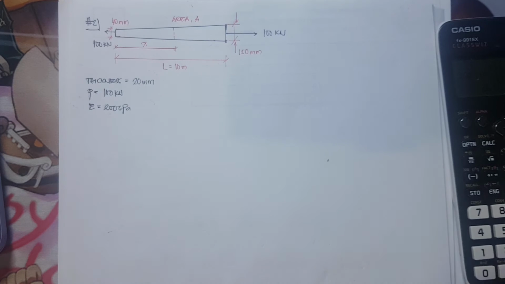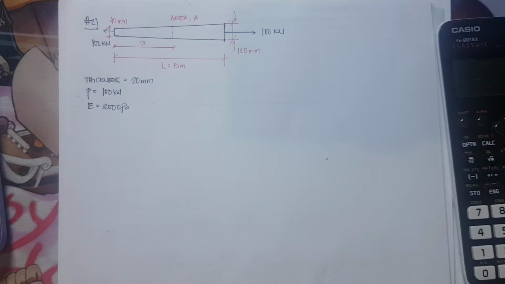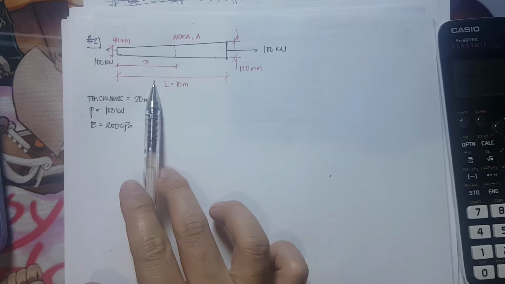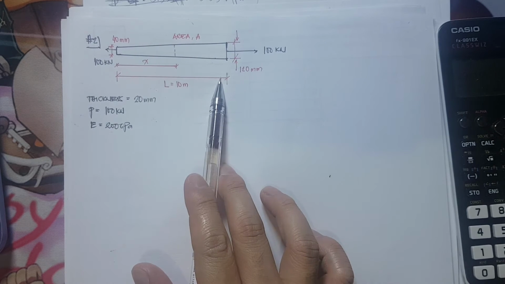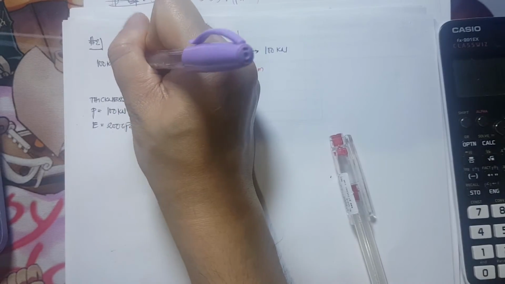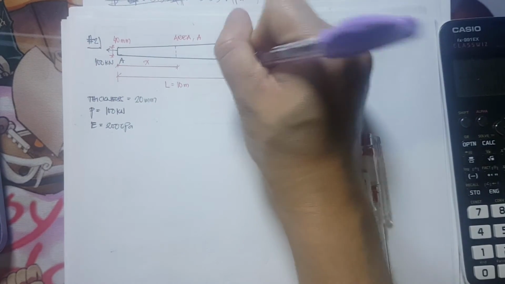Next, we have number 2. From your module, we have here the cross-section of a 10-meter-long flat steel bar, the flat steel bar AB. You have A here and B here.